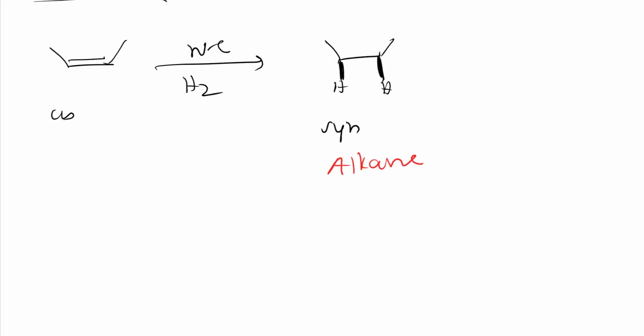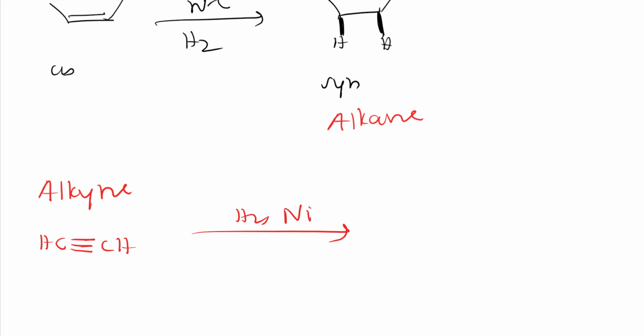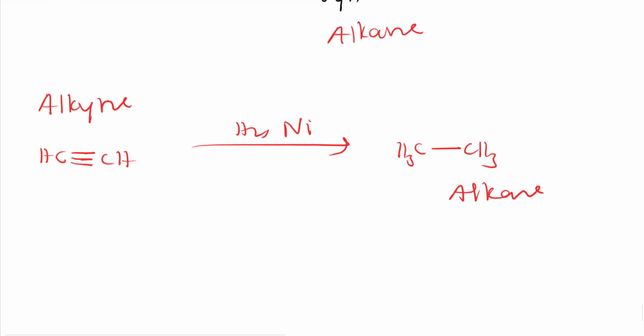And also, if you observe, this Wilkinson catalyst is mild. If I use any alkyne, I hope you know, see here, I have CH triple bond CH. To this, if I add hydrogen directly in presence of nickel or palladium, I'll get CH3 single bond CH3. Directly I get alkane. I won't get alkene, right? But to the same alkyne, if I add hydrogen and Wilkinson catalyst, syn addition happens and I'll get this.